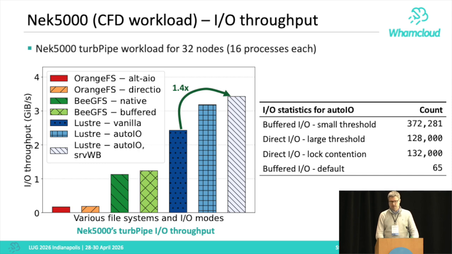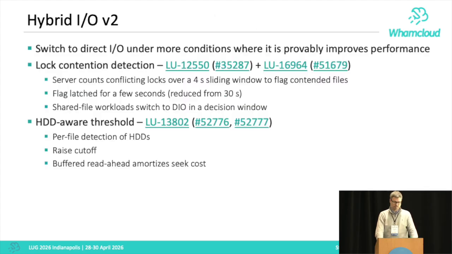This is this part. But these ones here were all switched to direct I/O because of lock contention on the file, right? And so only 65 of those actually stayed in buffered I/O, which is the default case for this decision window. So yeah, very nice even for a real application. We have more in the paper, like VPIC, for instance.